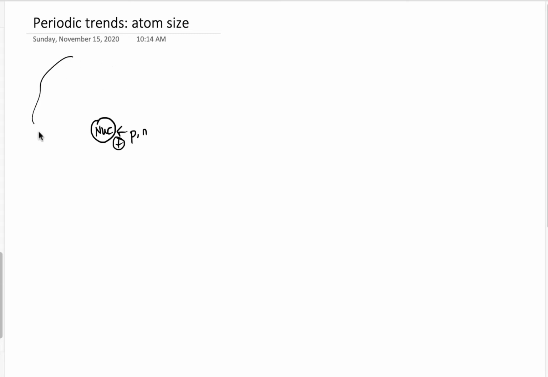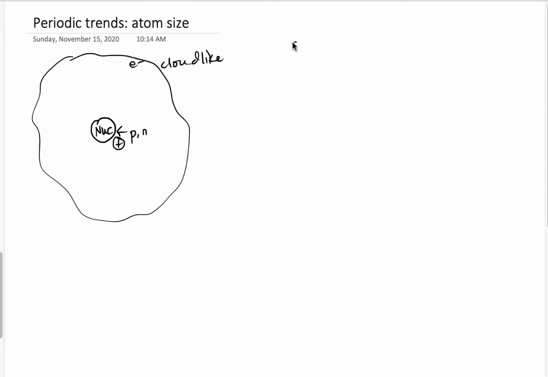And then somewhere outside here we have electrons, and they have this kind of cloud-like existence.